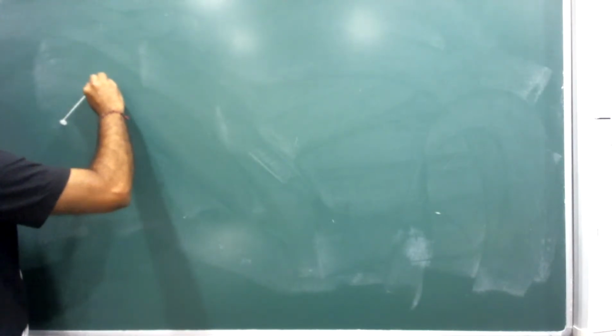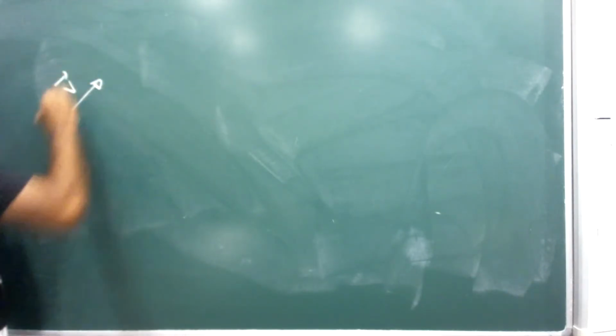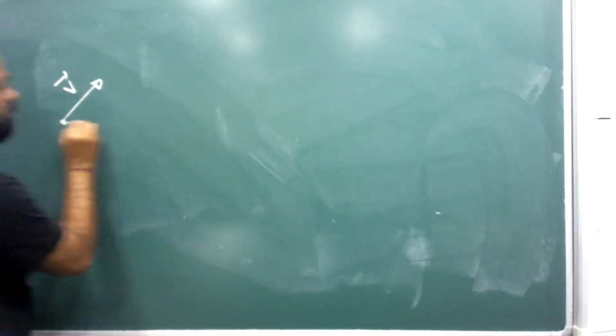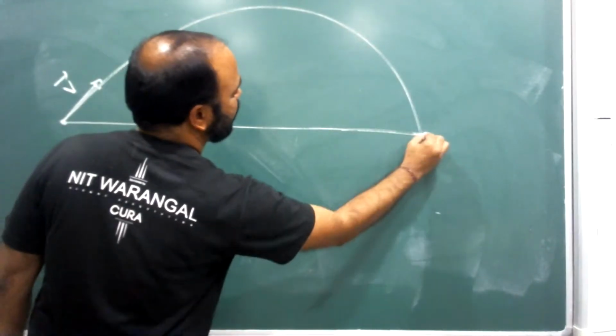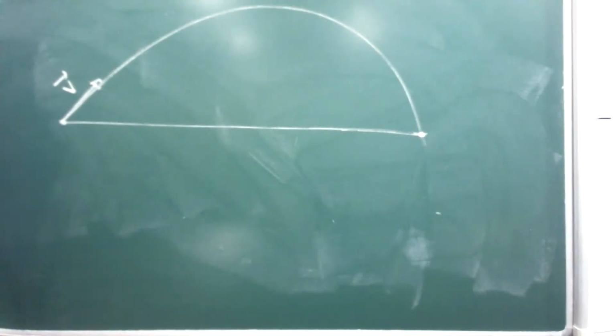This is the point of projection. From here, I will project one body with a velocity v. It will go up and come back to this point. This is the way.